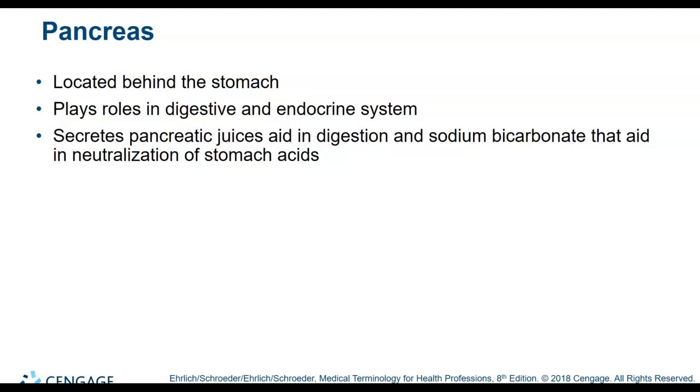And it plays a big role in the digestive system as well. Not only is the gallbladder secreting those acids into the small intestines, but the pancreatic juices also are being excreted and being dumped in the small intestines. And that actually helps neutralize the stomach acids that are in there that are helping it break down.